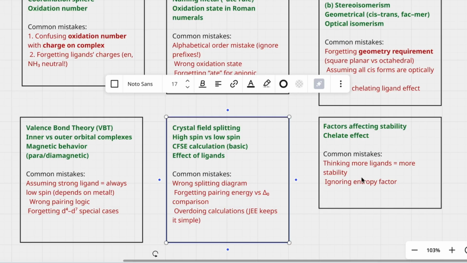What students tend to do is think that more ligands equals more stability, but that's not true every time. So make sure that you don't generalize everything. Remember those exceptions also, the non-trivial cases. If you are given a question in the exam, there might be a possibility that it is not the trivial case, so be prepared for the non-trivial cases also.